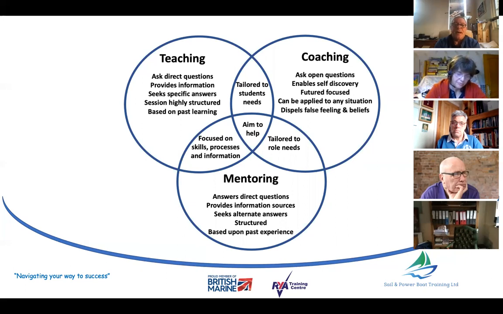If they've never brought a boat in alongside, you're going to be very specific on how you teach that. But if they've done it a few times, you're going to then coach them on it. So it's more about asking open questions. It enables self-discovery because they're doing it more themselves. It can be applied to any situation, and it dispels false feelings and beliefs. You know, they can actually do it.